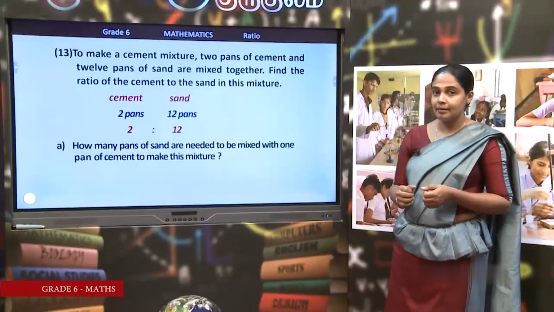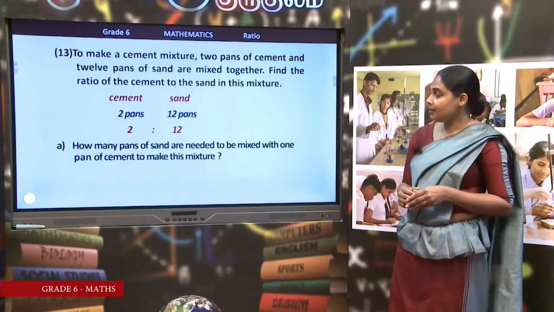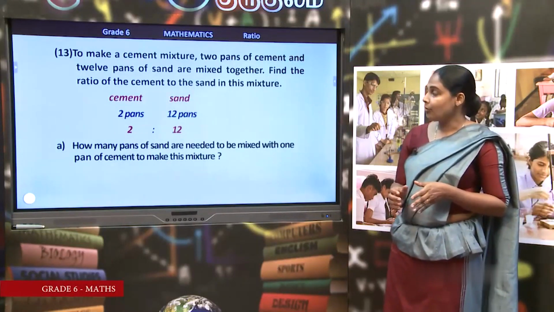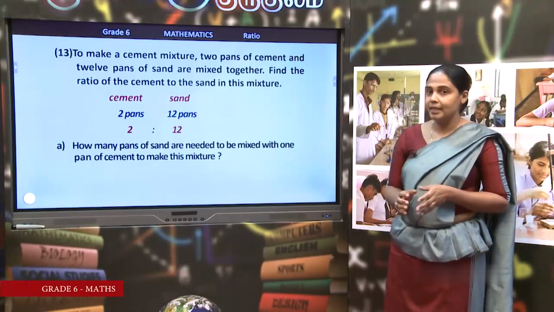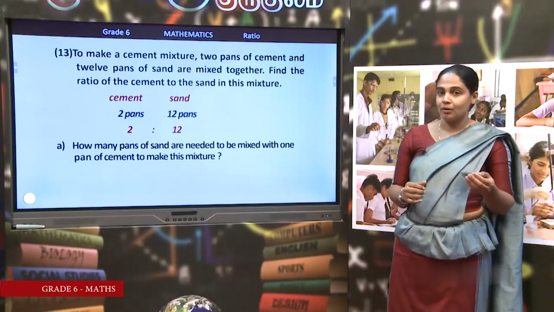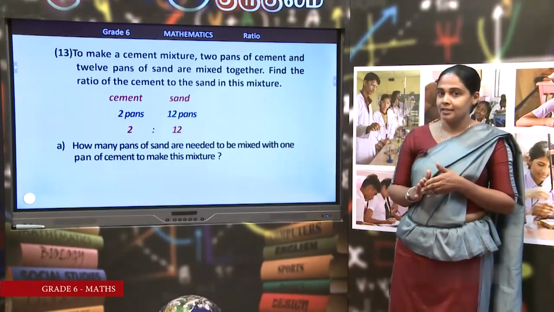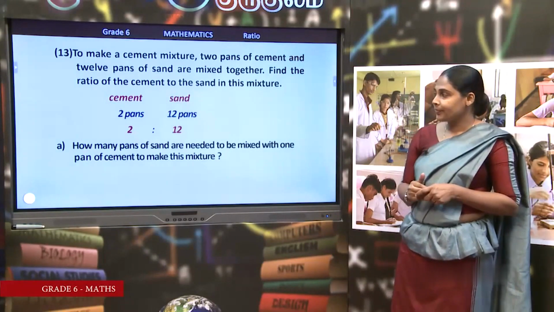Continue the same question. How many pans of sand are needed to be mixed with 1 pan of cement to make this mixture? You have knowledge because we did a similar question, so apply the knowledge now.